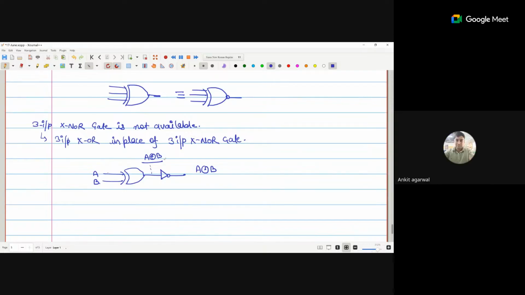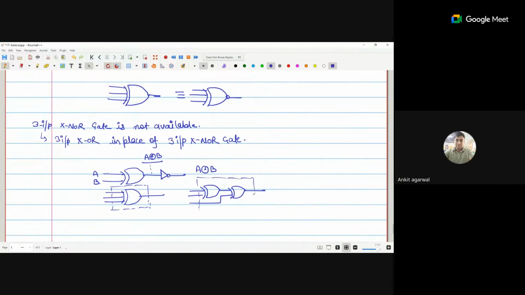Right. But similarly, if a 3 input XOR gate is available, basically the thing is that a 3 input gate is not possible. So what they do is use this block diagram. If you look at the internal part of a 3 input XOR or XNOR gate, basically one XOR gate of 2 input, and the output of this one is used as the third input. Then you get the final output.